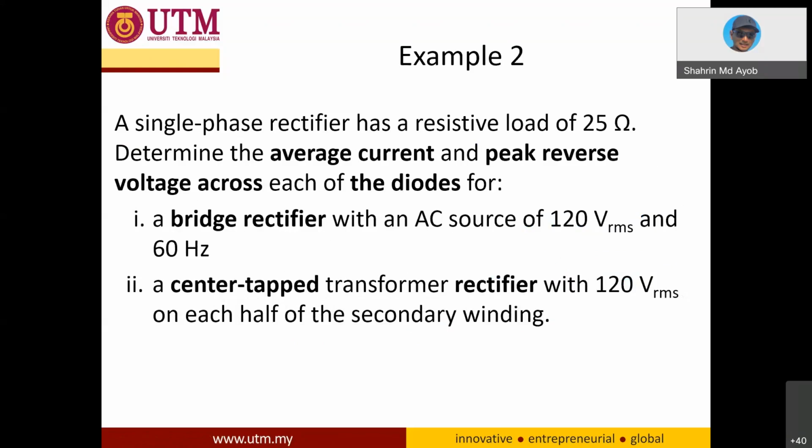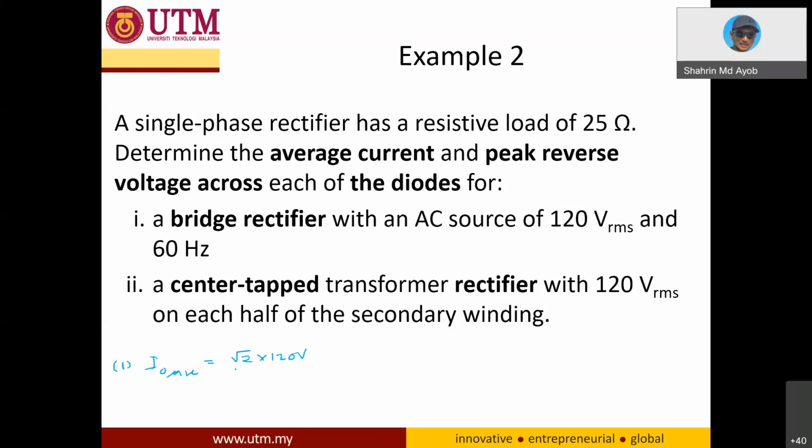Determine the average current and the peak reverse voltage of each of the diodes for a bridge rectifier with an AC voltage. Okay, for number 1, I out average is square root 2 multiply with 120 volt.